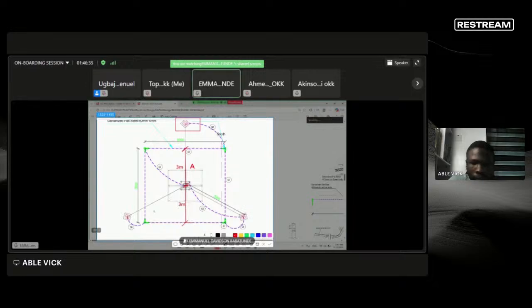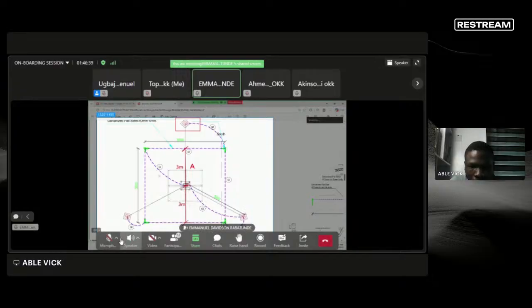The idea is for you to just establish your earthing ring. Once you establish your 6 by 6 around the tower, you can start your excavation. And your excavation is just going to be maybe 300 mm width and 700 mm depth for the flat bar to pass.